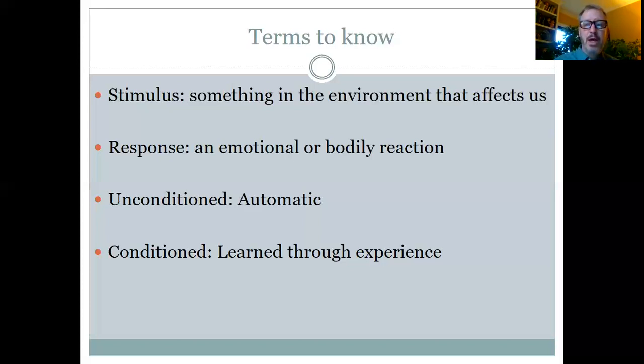The other two terms I'd like you to be familiar with are unconditioned and conditioned. If something is unconditioned, it happens automatically without any prior experience or any learning history.